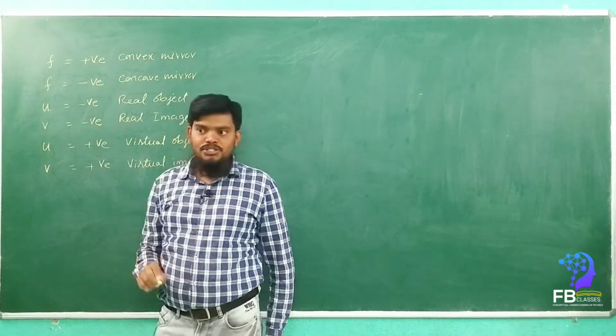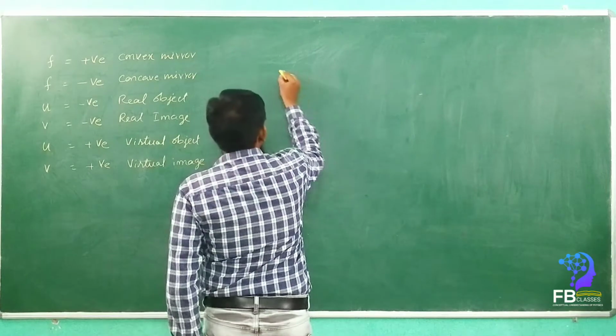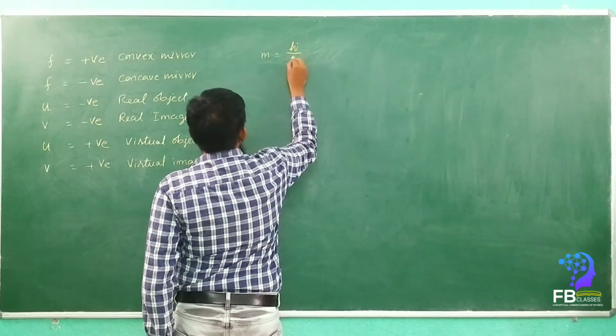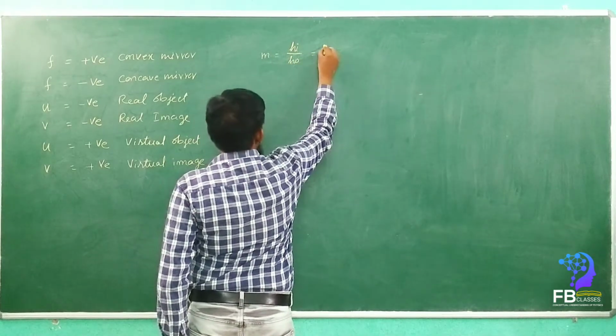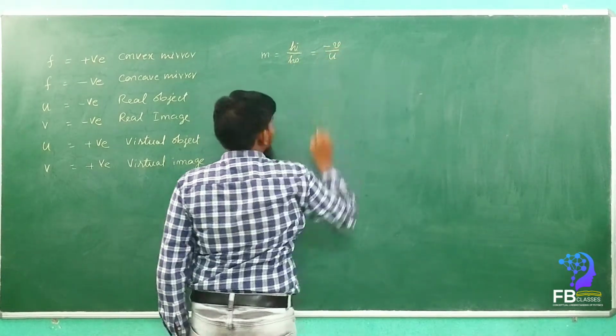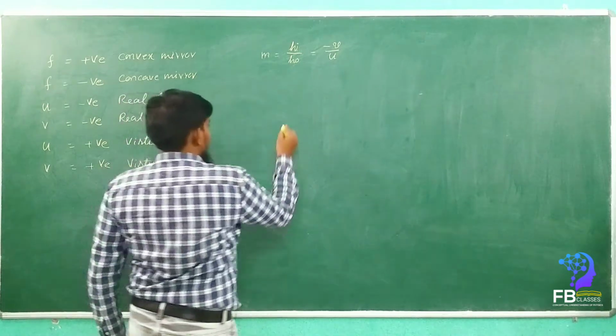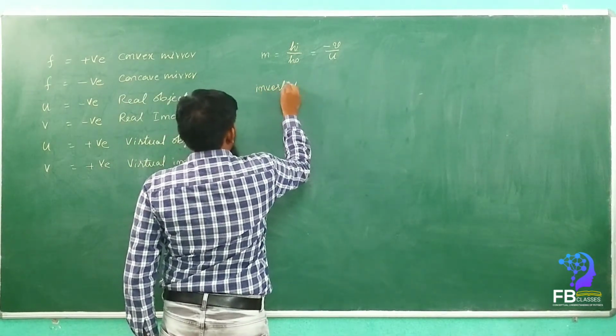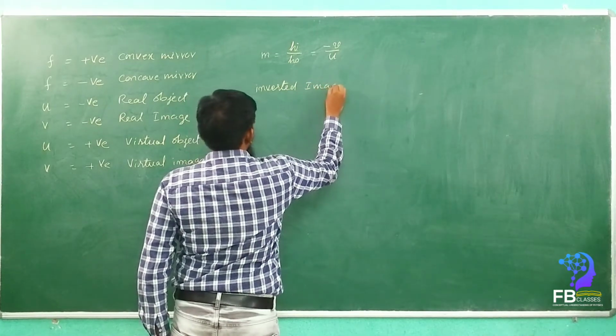the distances. Got it? In the same manner, we know that magnification m is equal to hi by ho, that is equal to minus v by u. Yes or no? See here, if it is an inverted image, then what will happen?